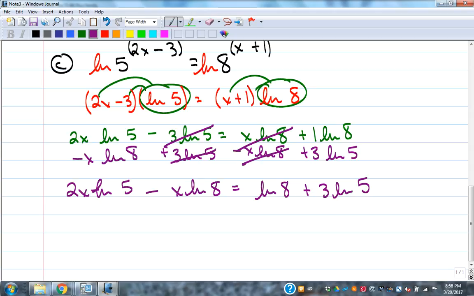All right. Now, on the left side, what's the common factor? Both of those pieces have an x. So I could factor an x out and have 2 natural log of 5 minus natural log of 8.